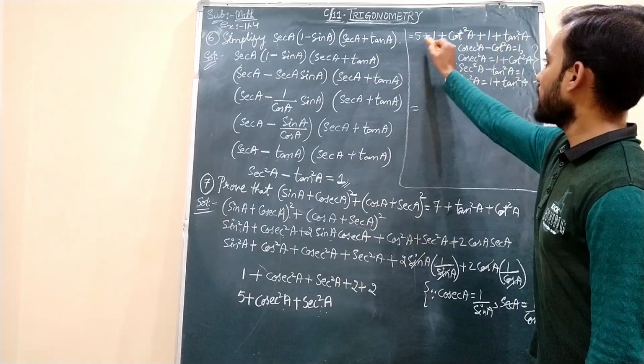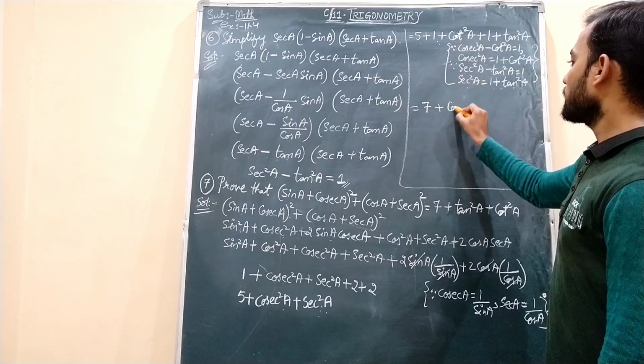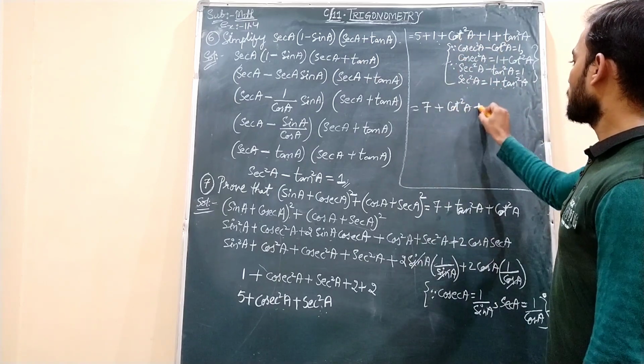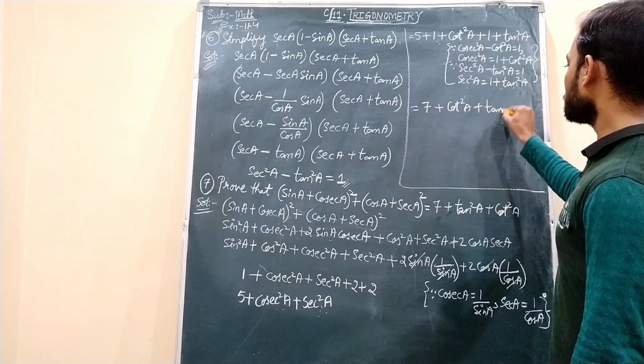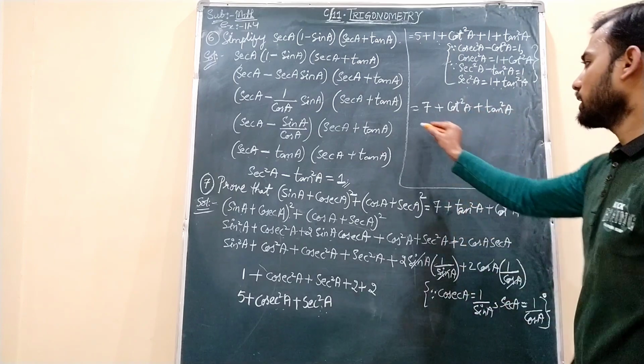Now when you add 5 plus 1 plus 1, you will get 7 plus cot square A plus tan square A. Okay. That only you are having on the right hand side, right? 7 plus tan square A plus cot square A. You got a different order, no issues at all.